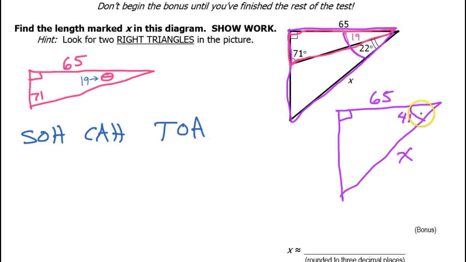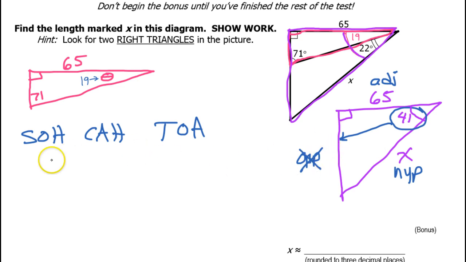SOHCAHTOA. Let us circle the angle that we've got and label the sides. So this is the hypotenuse, across from the angle that I circled. That's the opposite leg. Right next to the angle is the adjacent leg. Which of these is doing nothing? The opposite side is doing nothing. There's no number here, there's no variable that we are looking for.